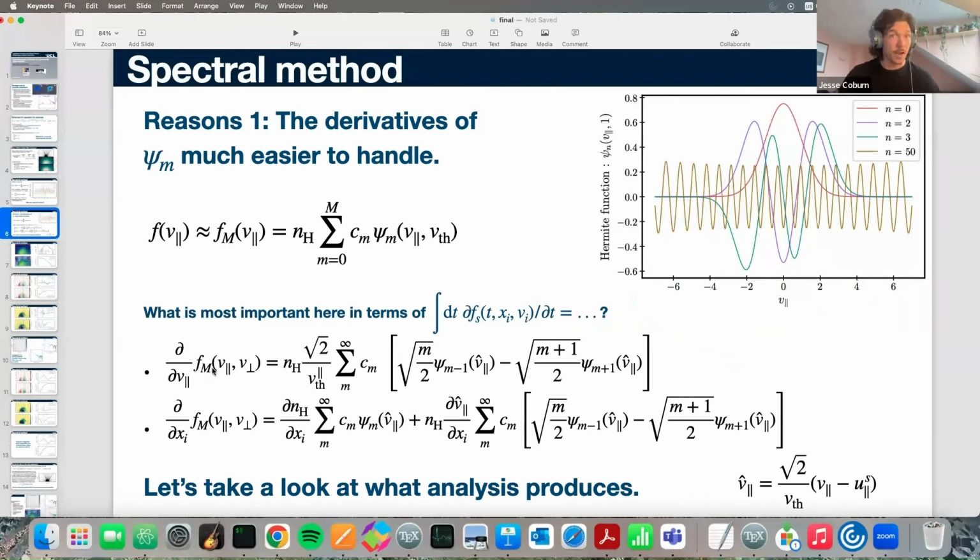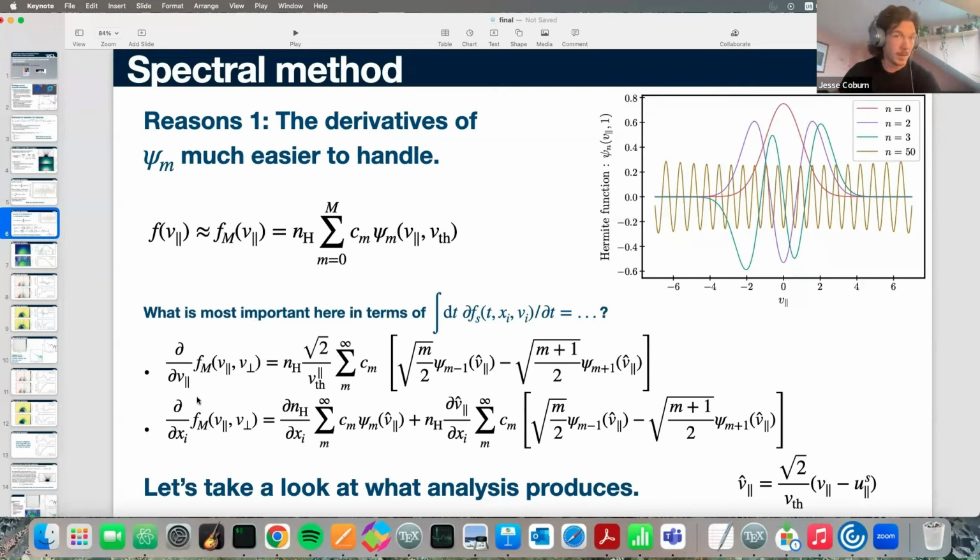I've written out what the gradient of F sub m is using recursion relations. This should be a sum up to capital M, sorry about that. Essentially, these functions follow a recursion relation. You can directly calculate the gradients. So if you know the C sub m's, which you obtain directly, you can calculate gradients, and you can put these back up into your equation. You can use these as a method of solution.